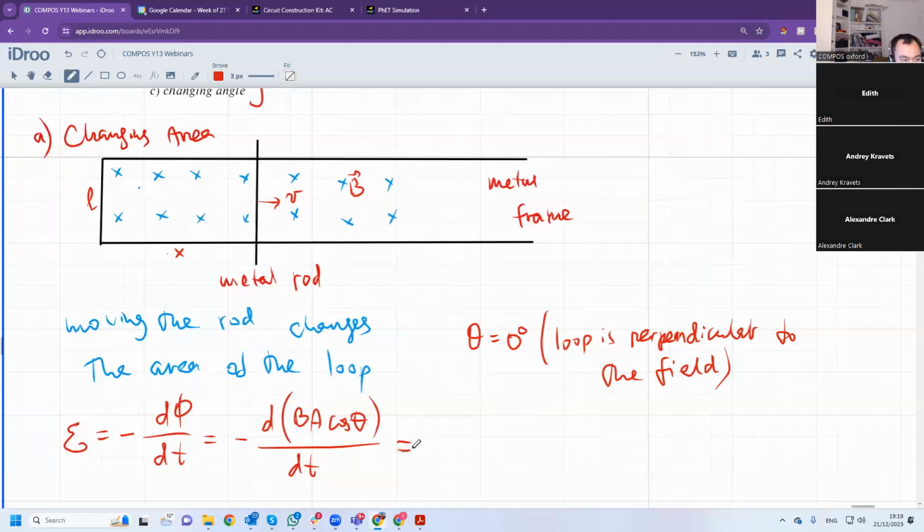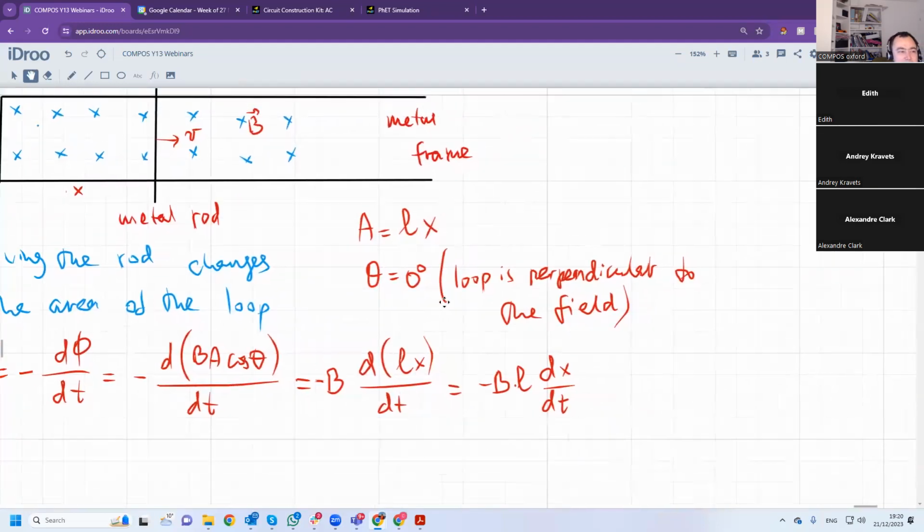B is constant, and area is a rectangle, L times X. So it's minus B d Lx divided by dt. L is constant, so it's minus BL dx dt.